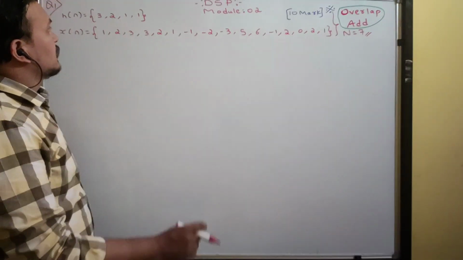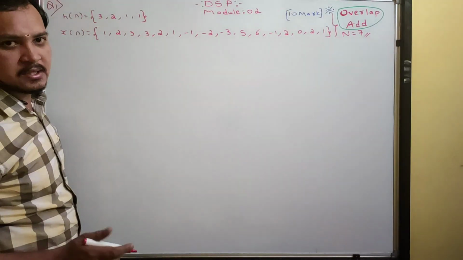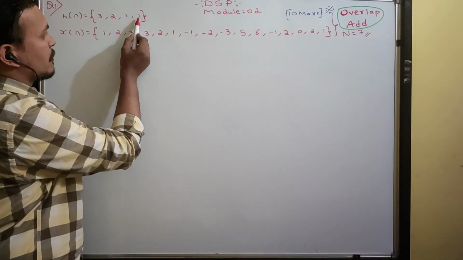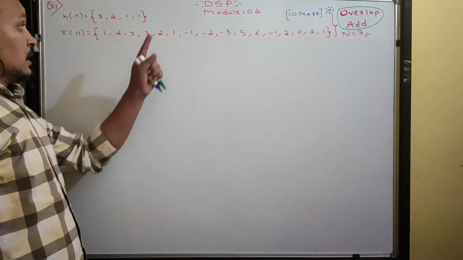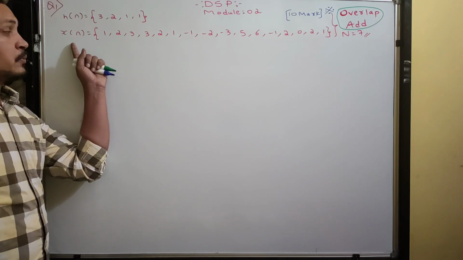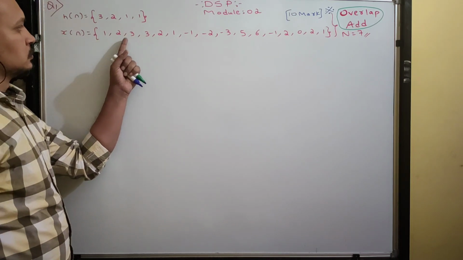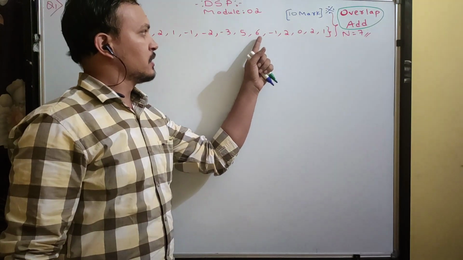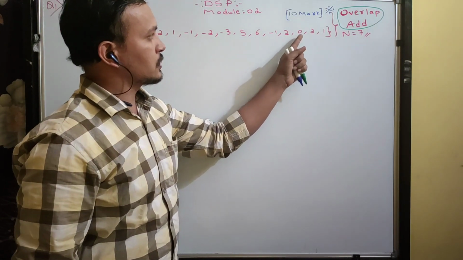The filter with impulse response h of n is given as 3, 2, 1, 1, and the input x of n is 1, 2, 3, 3, 2, 1, minus 1, minus 2, minus 3, 5, 6, minus 1, 2, 0, 2, 1.